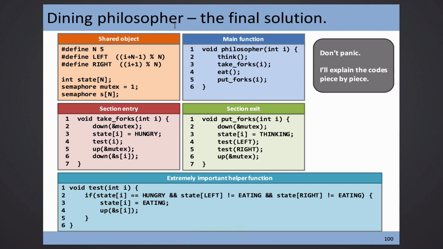So you cannot go to line 4 then. Then I have to down and I have to wait. So you are talking about the section entry. Yes, the new line 5. So the interchange. I have to wait, so the mutex isn't open.